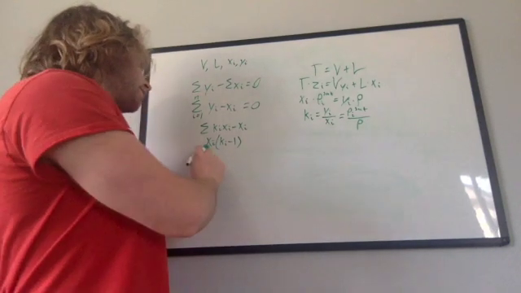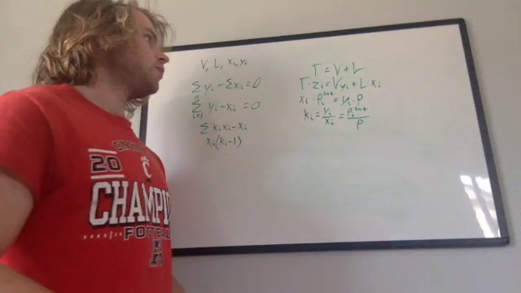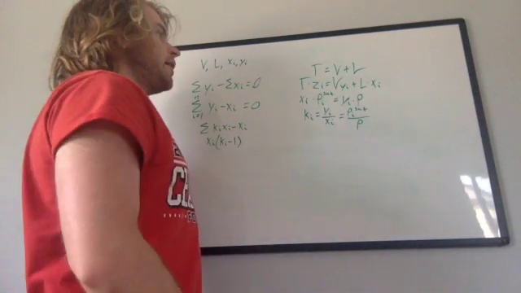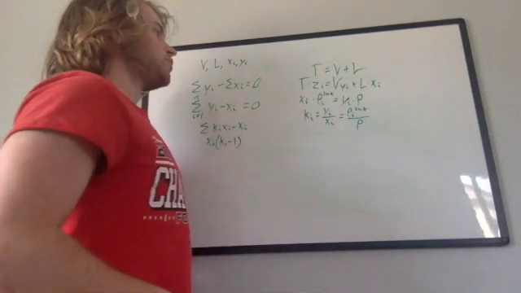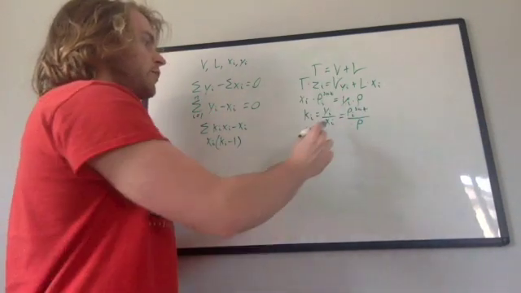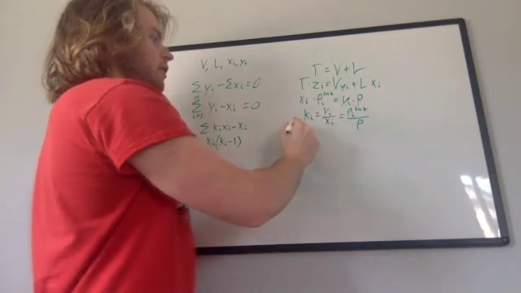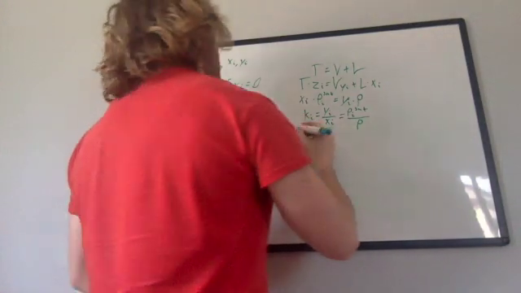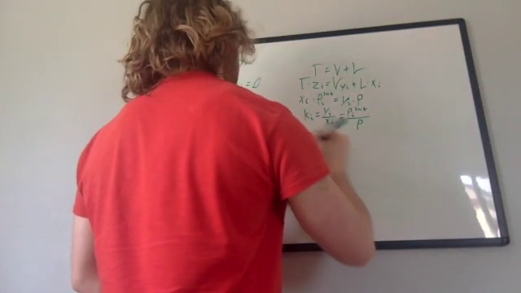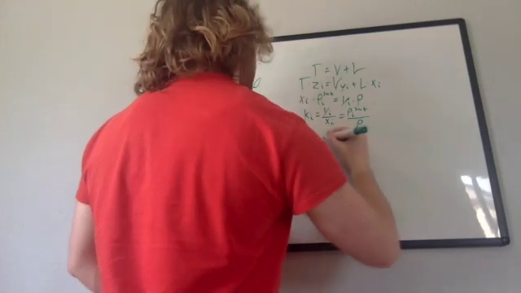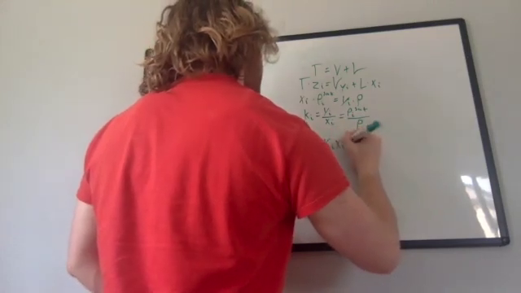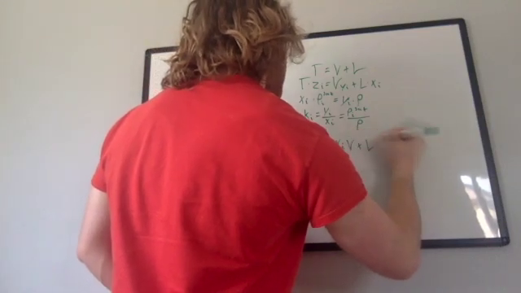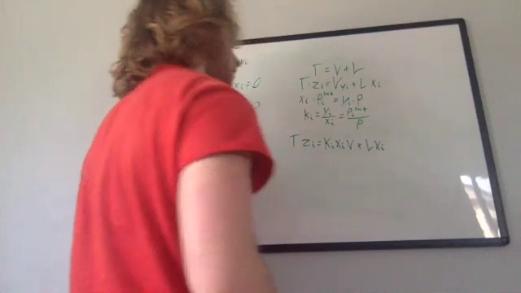To get our substitution for xi over here, we are going to use the equation that we have up here. As you can see, this one has yi as well, so we can once again substitute ki xi in for that yi. So we get t zi is equal to ki xi times v plus L xi.